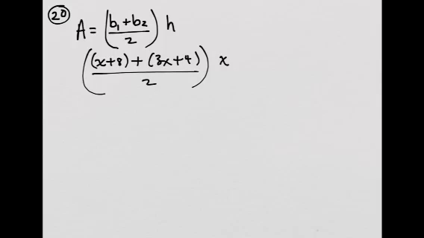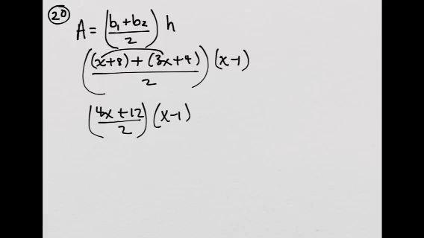So in the numerator, I get 3x and 1x, that's 4x. And then 8 and 4 is 12. So I noticed that, and then don't forget the x minus 1. The numerator is divisible by 2, so I'm going to factor out a 2, like this.